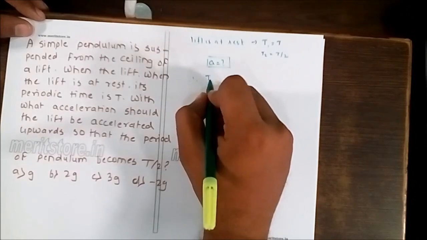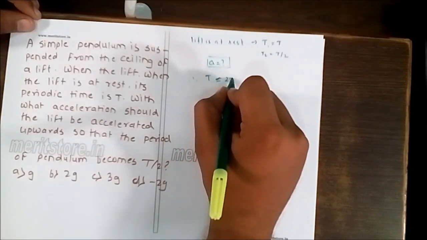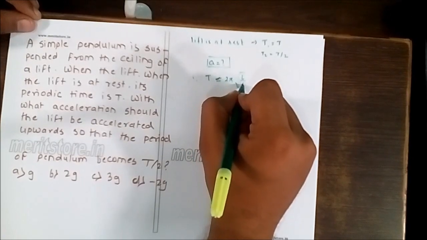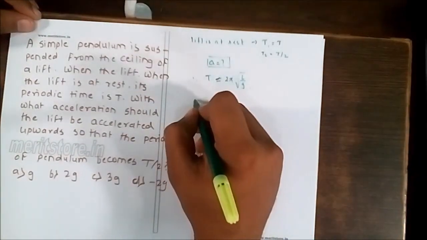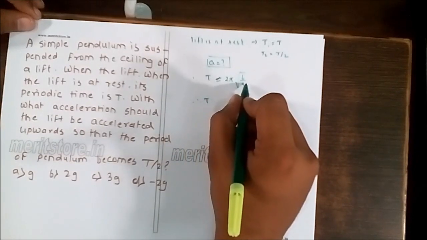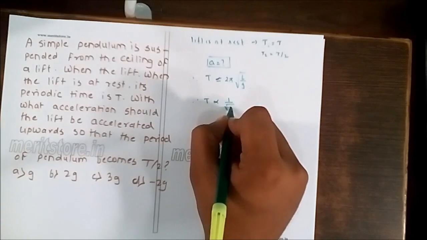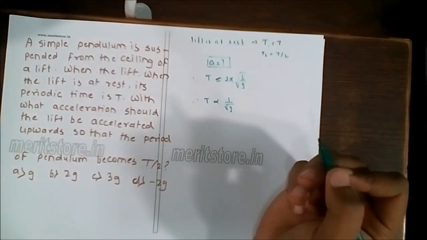First of all, we'll write the formula for the time period of a simple pendulum. T is equal to 2 pi under root of L by g. From here, keeping every physical quantity constant, only g varies, so T is inversely proportional to root of g.